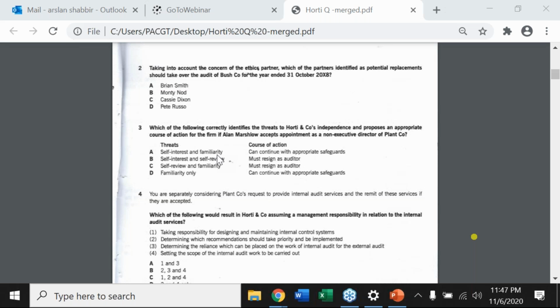If it is not allowed and Alan Marshall accepts the engagement, then Houghty and Co. should resign as an auditor. So it is a threat in which the firm has to resign, because an audit firm's partner is not allowed to become the director of the company, and it is mentioned in your BPP textbook.